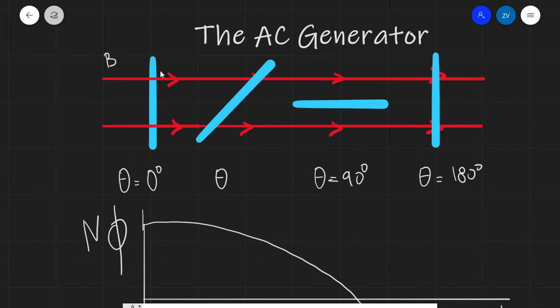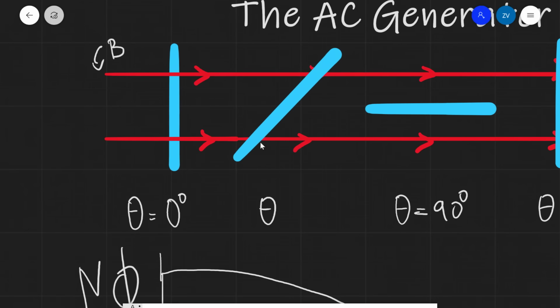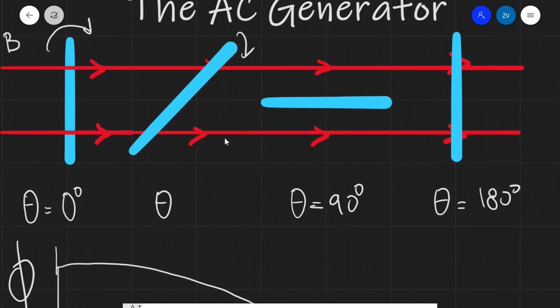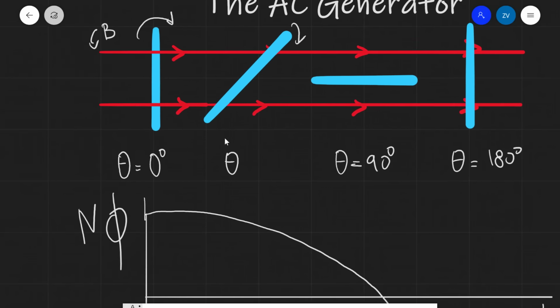This here is our B field that I've drawn in red. If our coil is being rotated as follows, you can imagine that it starts up here, and then a moment later it's rotated this way, and then a moment later it's rotated this way, so now it's flat, and then we have it perpendicular to the field yet again.